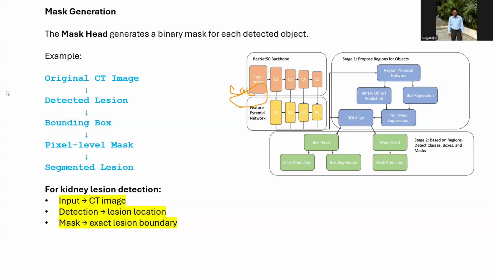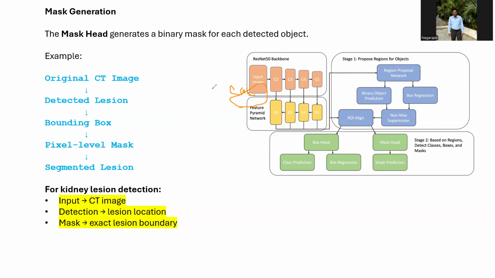The process is simple. We take the original CT image as input, then find the detected region, make the bounding box and mark it, then generate the pixel-level mask and segment the lesion, for example.